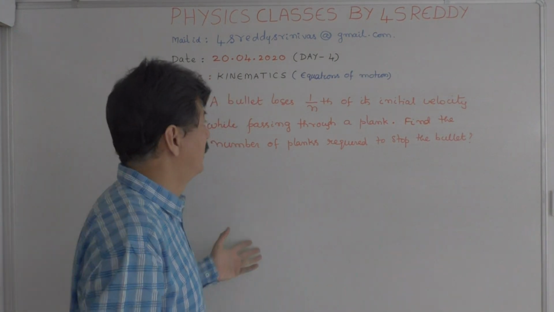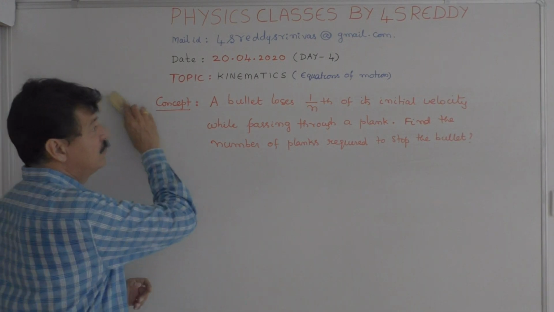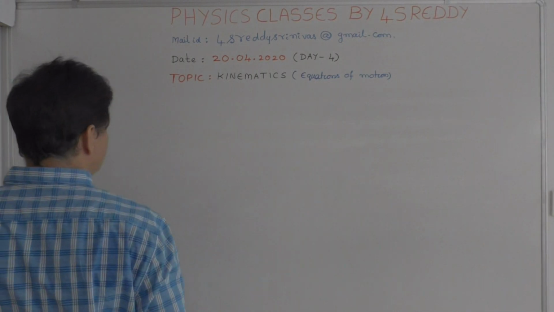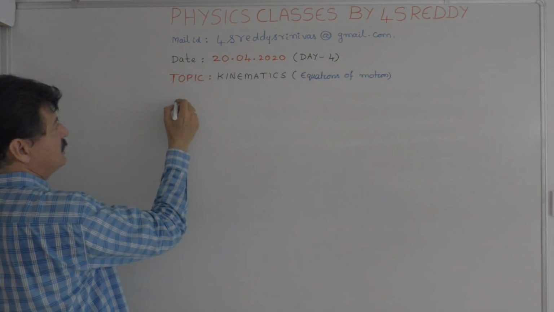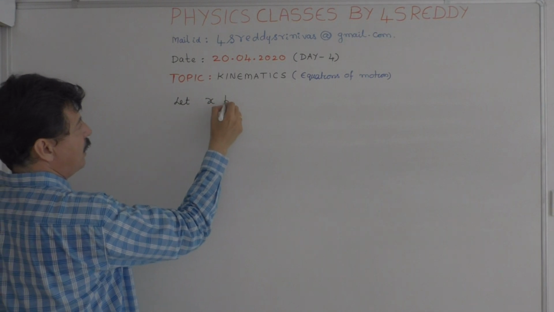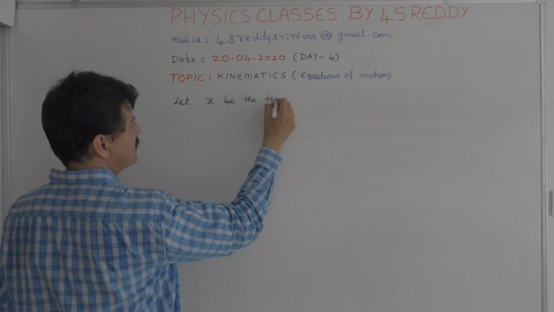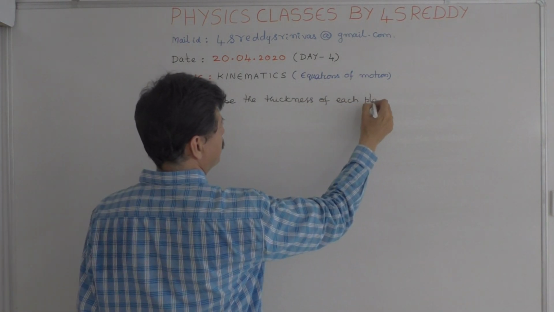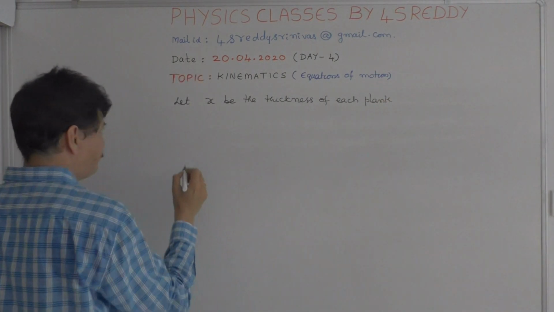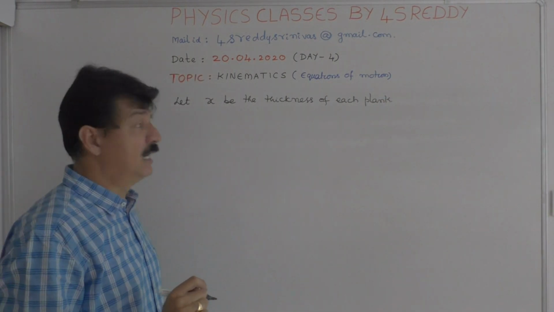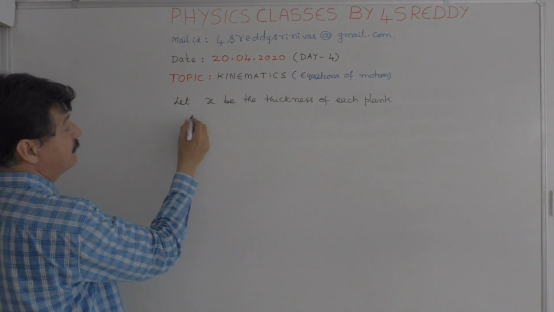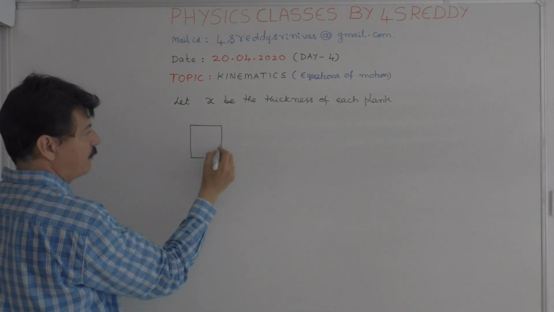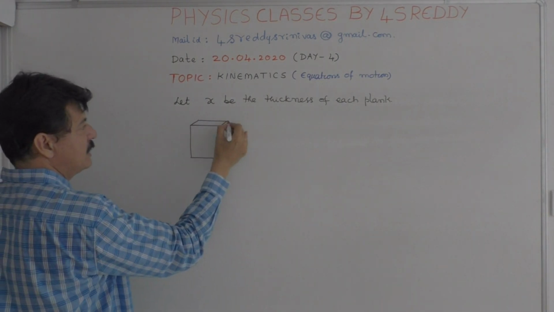And once you got this one, how to solve this problem? Here, first what you have to do is let x be the thickness of each plank. If x be the thickness of each plank, then what you are going to get, tell me? Suppose you consider this is a wooden plank of thickness x.